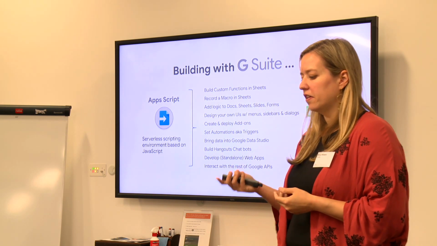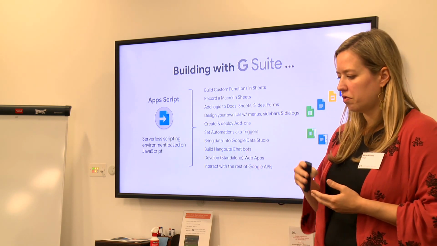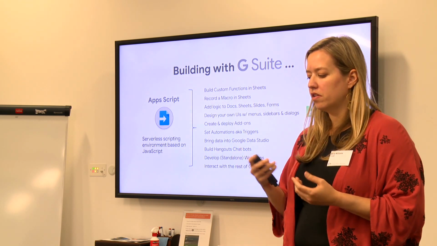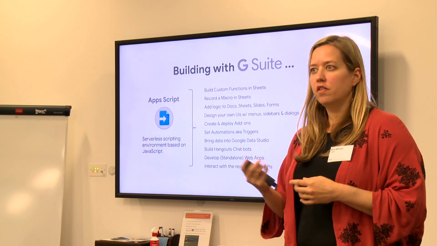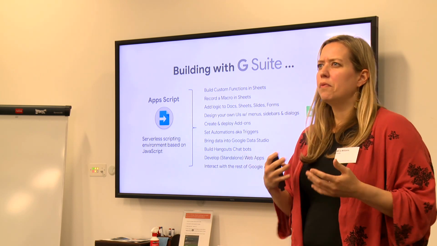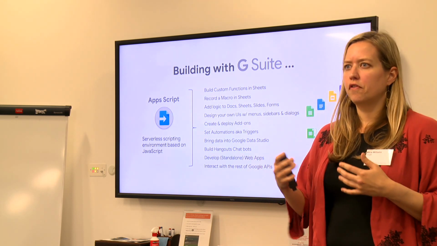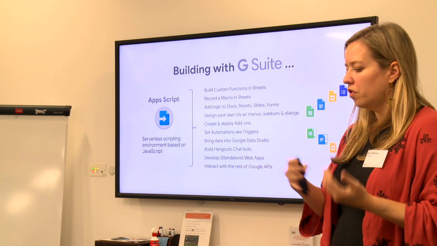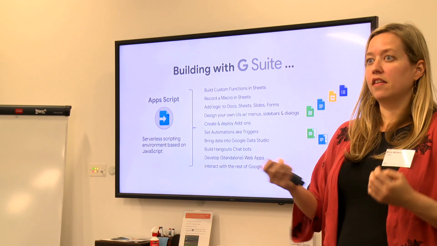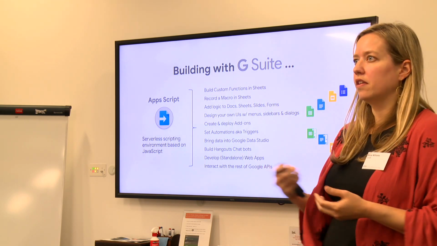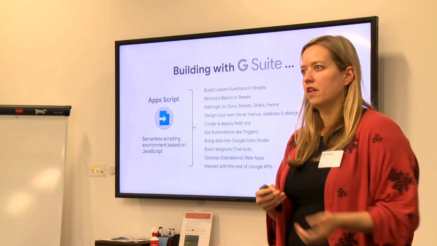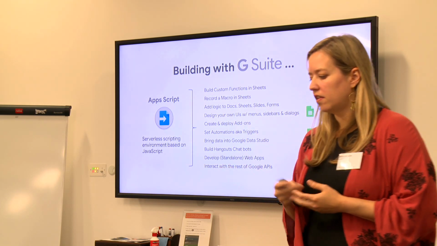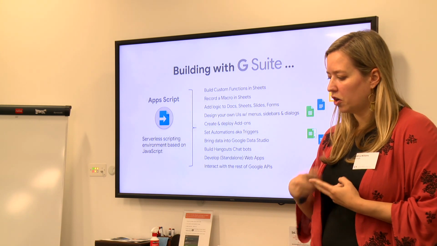A couple things on this list that I actually used in the demos I'll show you today is you can set automations using triggers, and if people have used Cloud Functions or other types of serverless triggers, what's cool about these is they are based on activities specific to G Suite. So things that happen when you open a document or when you edit a document can kick off a script. So it's really cool, the triggers.